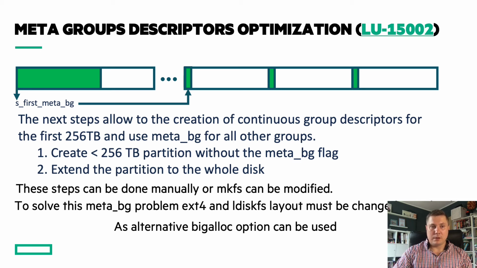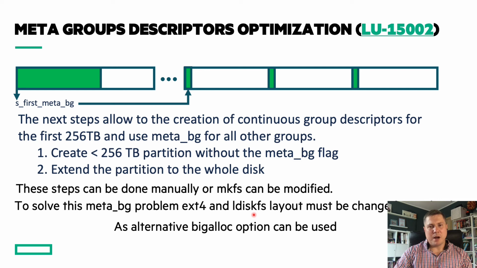So metadata for the first part of the partition is stored continuously, and only the part that exceeds this number is formatted with MetaBG and fragmented. These steps can be done manually in scripts, or we could improve the MakeFS utility for such behavior.